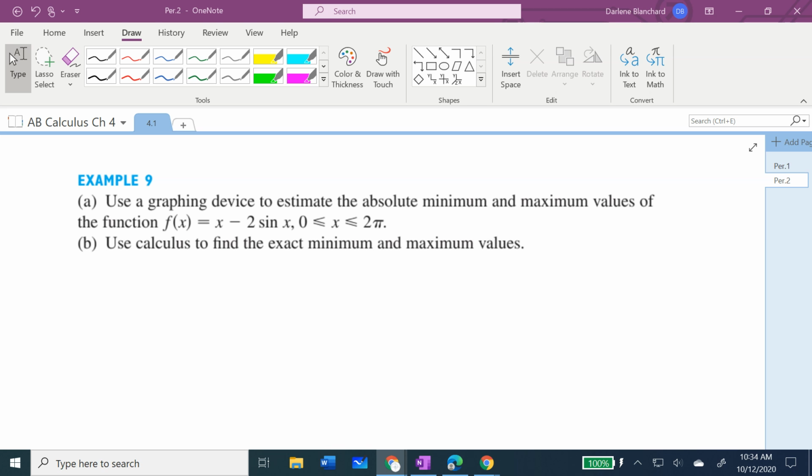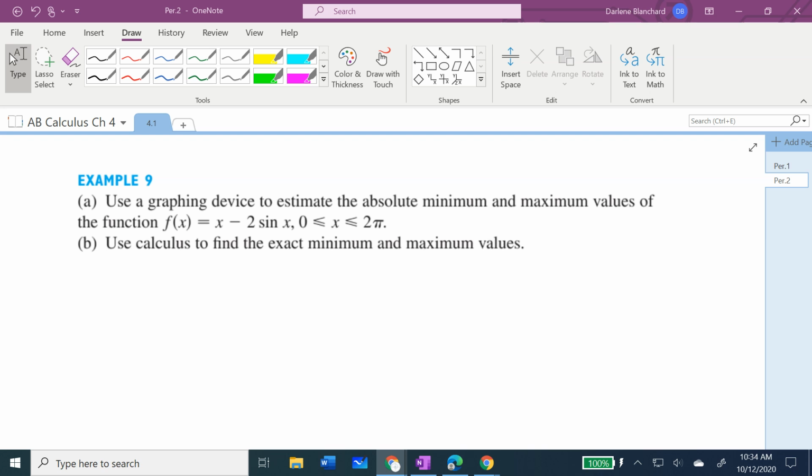Everything in this menu is useful to you. For value, if you push enter on that, you can then type in whatever X coordinate you want, push enter, and it will move your cursor to that point and tell you the exact XY coordinate.